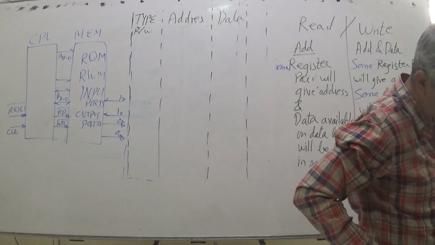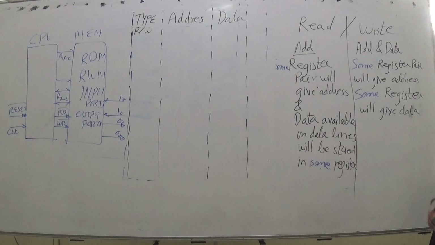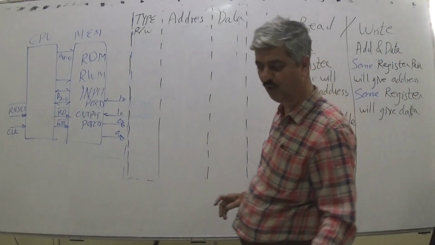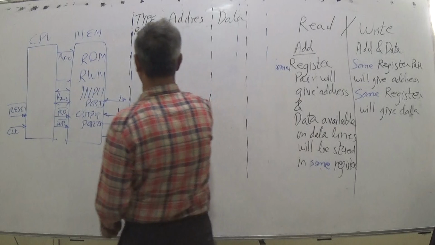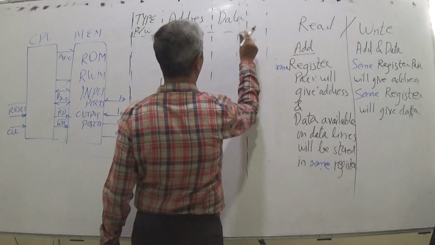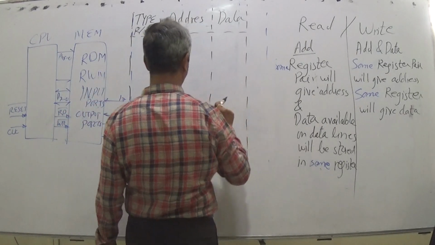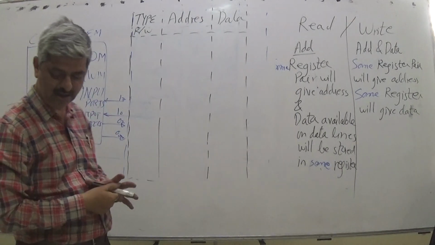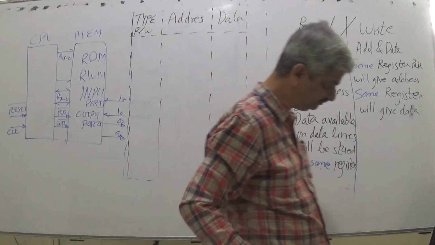So you have just reset the microprocessor and come out. Then after reset, what should be the first cycle? Should it be a read cycle or a write cycle? The microprocessor can undertake either.